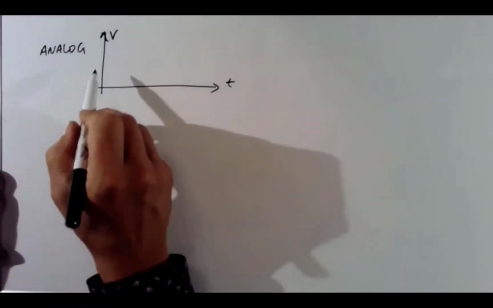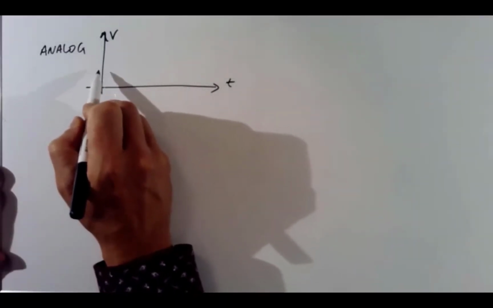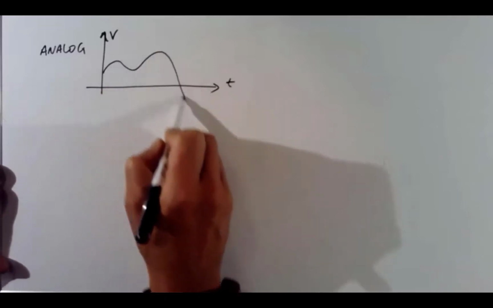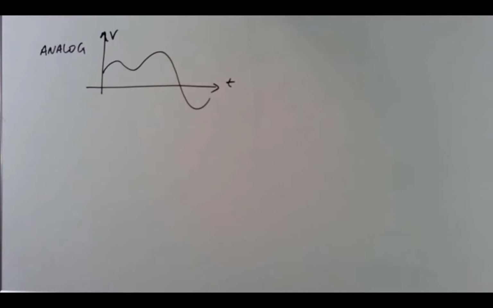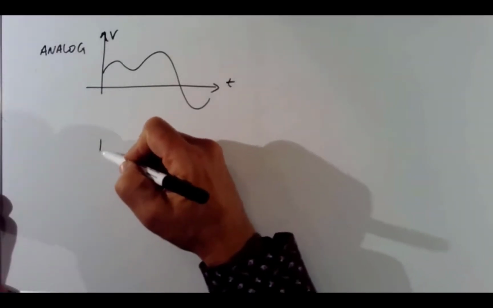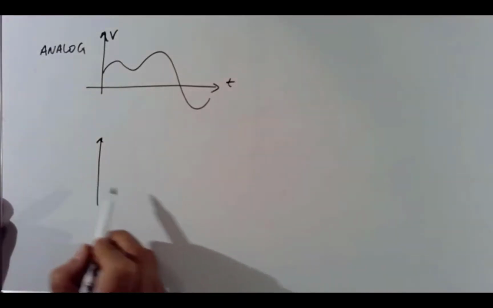So an analog signal, it might be a voice signal, it might be a video signal, but it might do something like that over a continuous range. That's a voltage versus time. And a digital signal might look something like this.